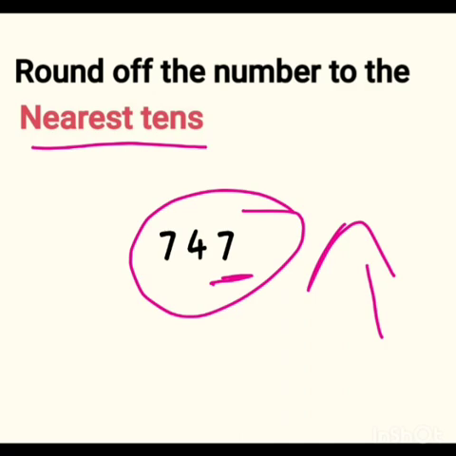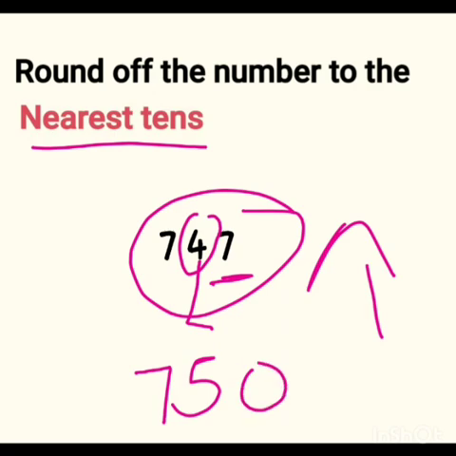And now what will be the next tens? To find the next tens, I look at the tens digit, which is 4, and I increase it by 1, so I make it 5. The other digit to the left remains the same, that is 7, and the digit on the right-hand side will become 0.